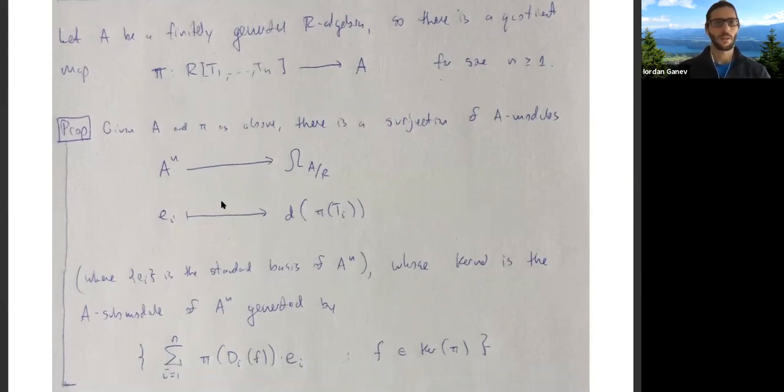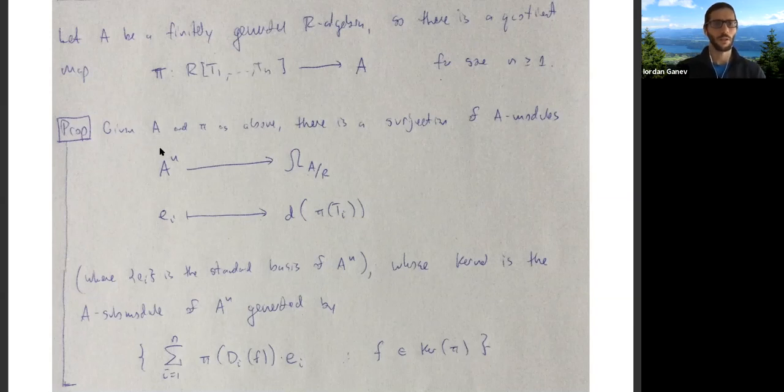The claim is that there's a surjective map from A^N to the Kähler differentials. N is the number of variables in the polynomial algebra that surjects onto A, so it's the size of a generating set for A as an algebra.